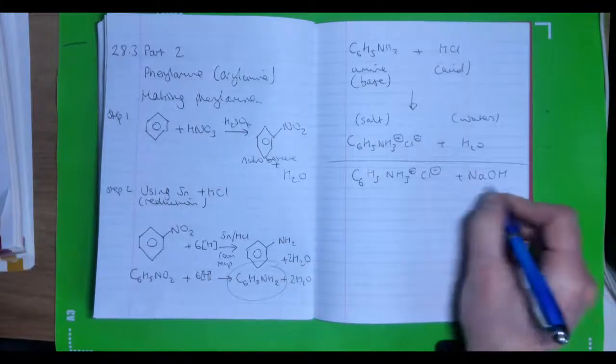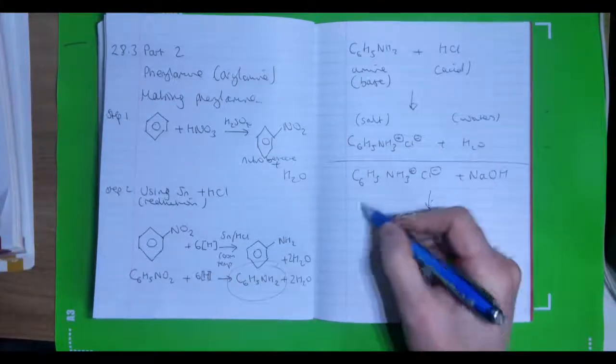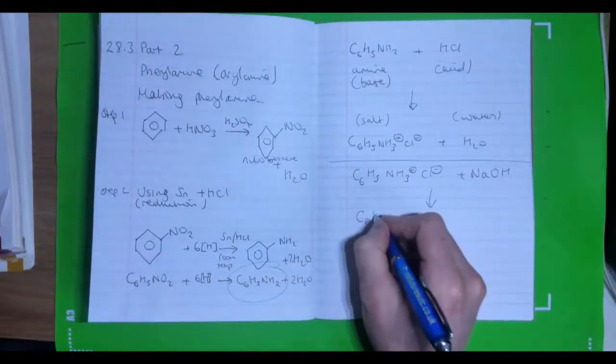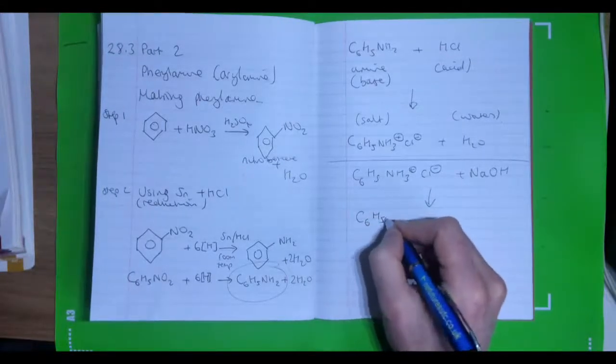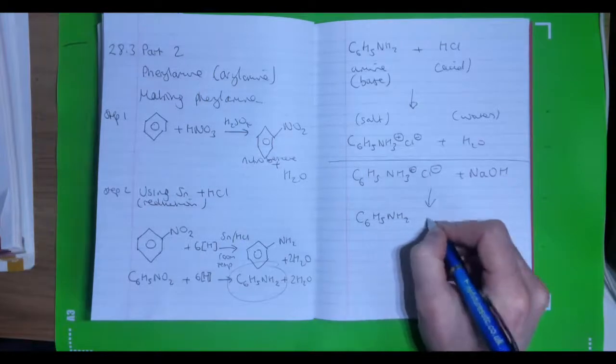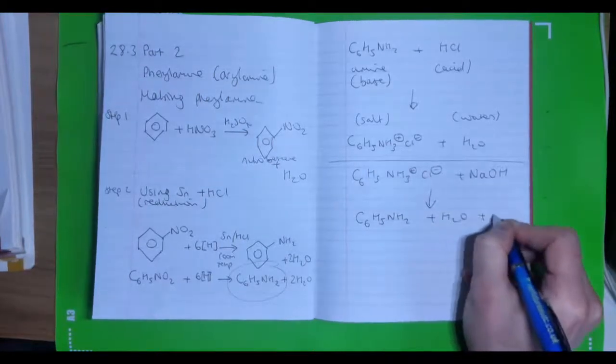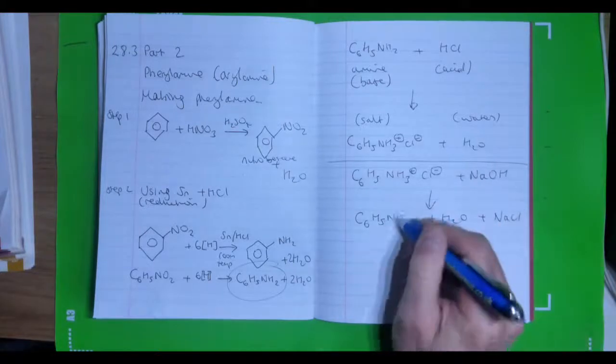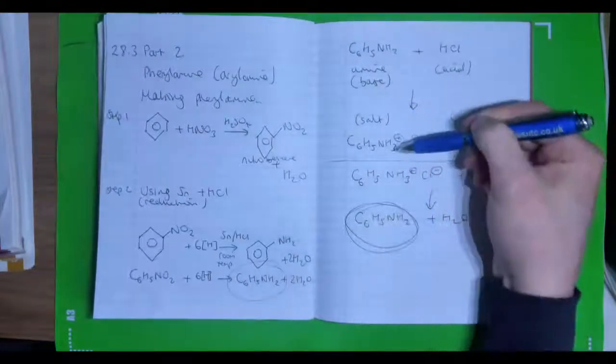So we add sodium hydroxide to produce an amine from this. We get a couple of other products as well. We get water and NaCl. That's what I want. Not this.